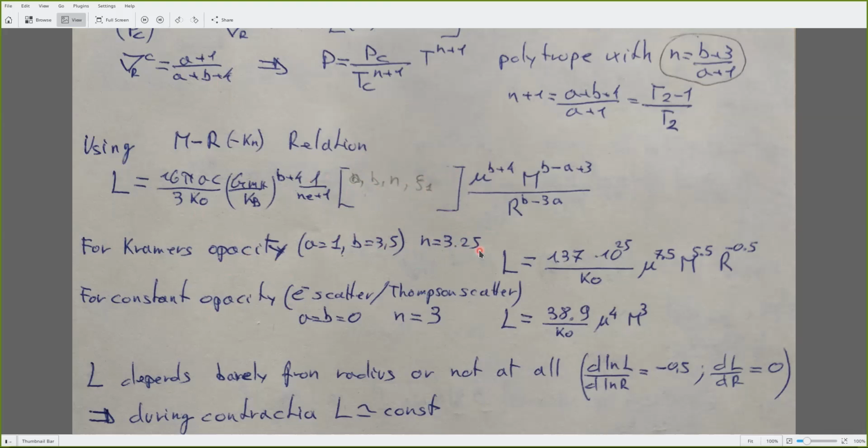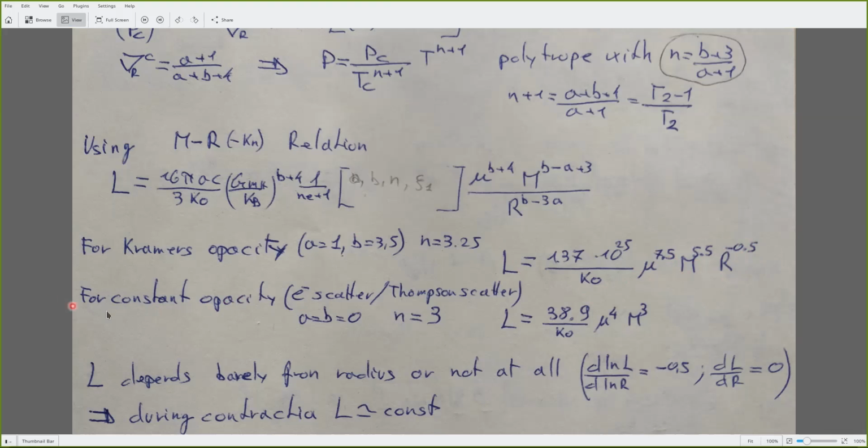It is a little different from the classical one we saw before, and gives us this relation among luminosity and the three properties. You see the change with the radius is not so strong.